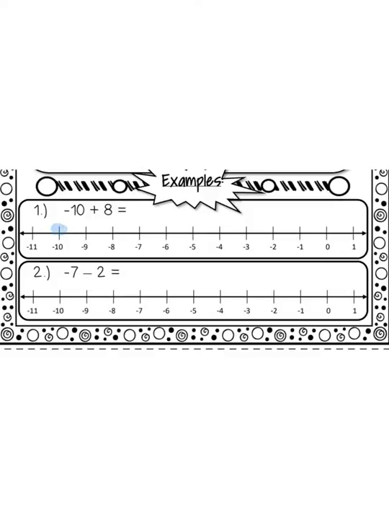Now I am going to count 8 spaces to the right to get to my answer. 1, 2, 3, 4, 5, 6, 7, 8. So my answer is -2. So I'm going to write that -2.